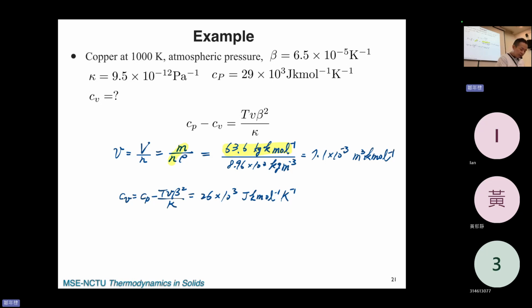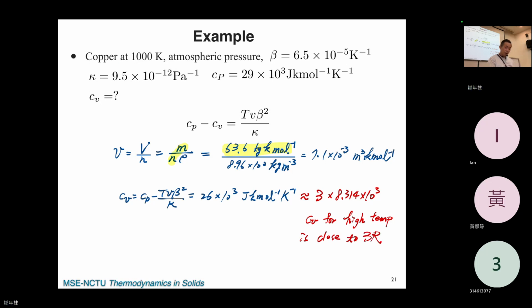And let's take a look. This is actually 3 times 8.314 times 10 to the 3. Oh, CV for high temperature, 1000 K, right? Temperature is close to 3R.